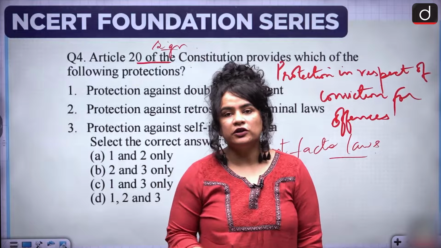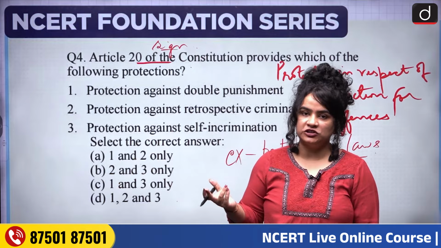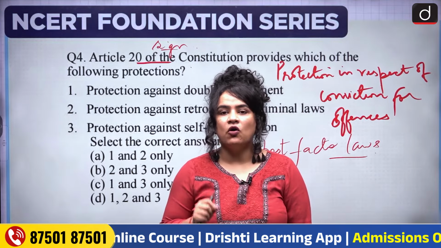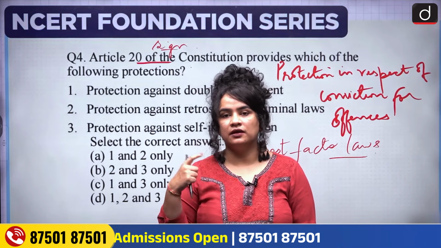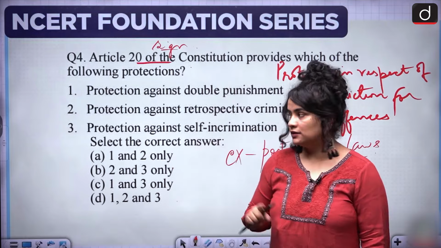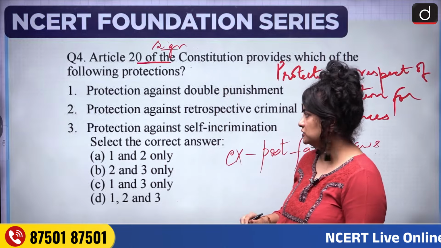You cannot be forced to become a witness against yourself. So that is one other protection that has been provided by Article 20. And finally, there is something called double jeopardy, which means you cannot be prosecuted or punished for the same offense twice. So now with this information in mind, let's look at the options.